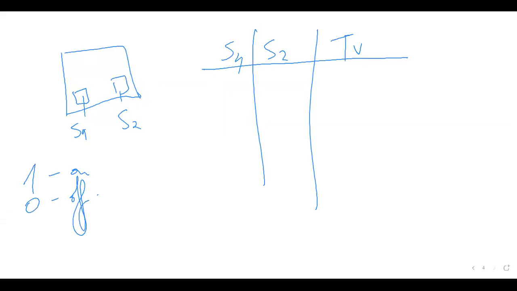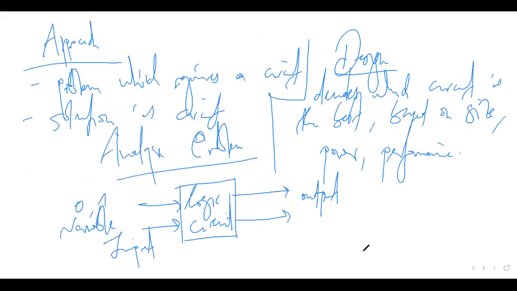Two switches. When you have two variables, the number of possible outcomes, outputs, is 2 to the power of n. Take note of this.